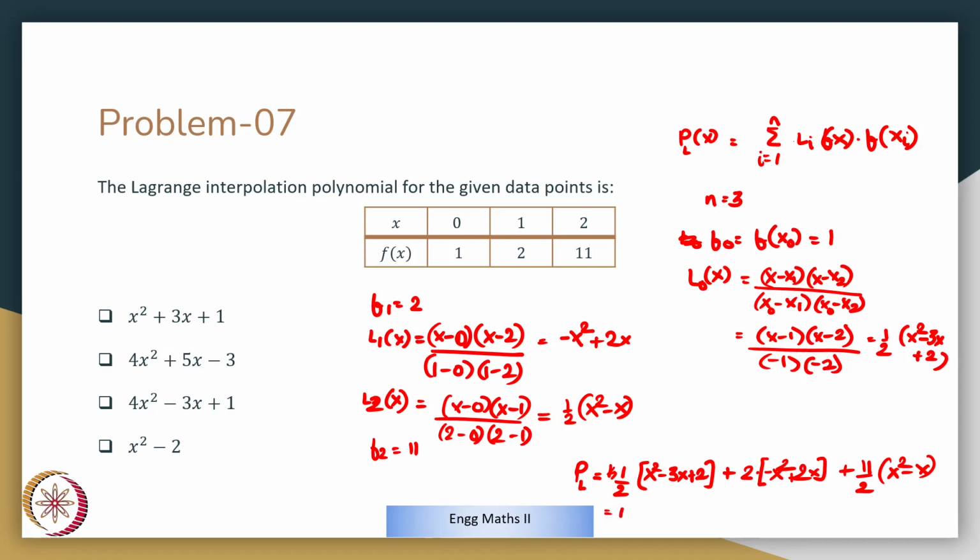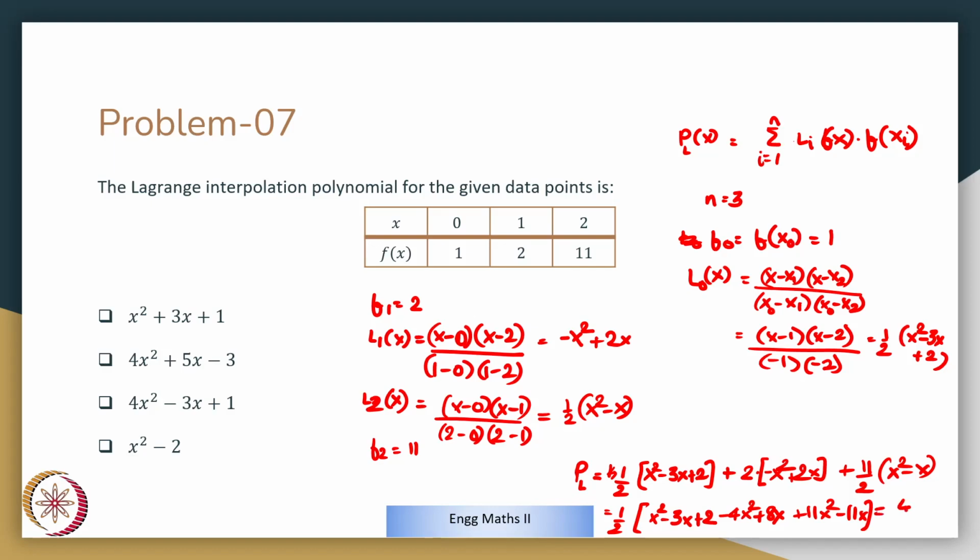So if I take this half outside and write all the terms, you have x square minus 3x plus 2 minus 4x square plus 8x plus 11x square minus 11x, which turns out to be, so this is x square, 12 minus 4, 8 x square by 2.